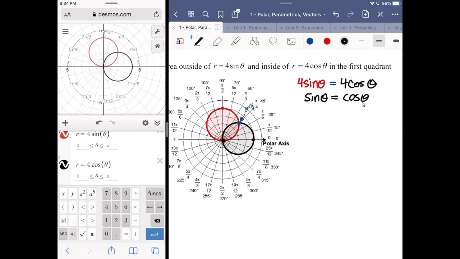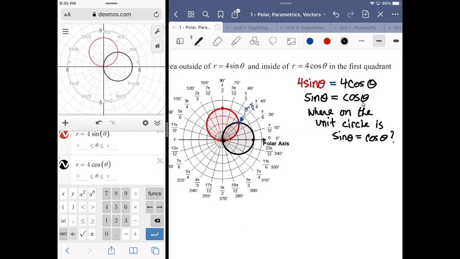You kind of stray from the algebra and go towards the conceptual understanding of the unit circle, because this is a statement that's really asking a question. Where on the unit circle is sine of theta equal to cosine theta?